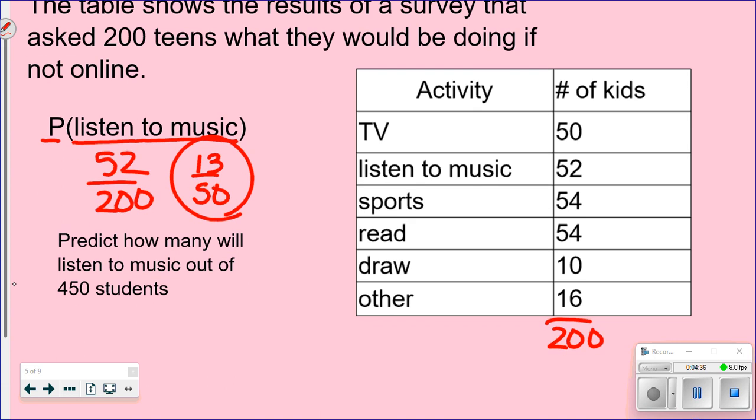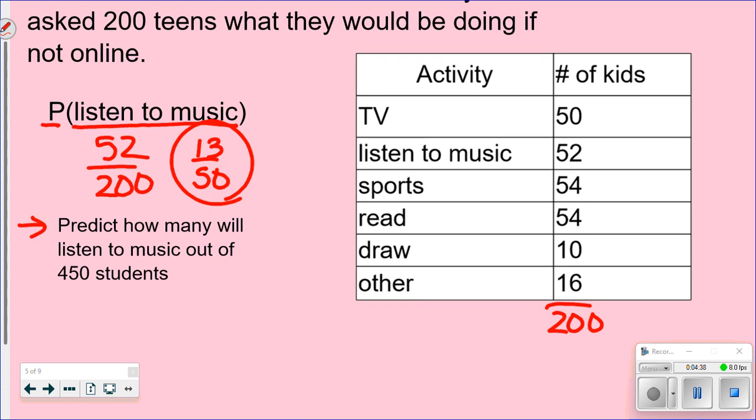Then sometimes you're going to be asked a follow-up question based on what you got beforehand. It says, predict how many will listen to music out of 450 students. Now I need you to think back to the days of setting up proportions, and you can use a proportion to solve this problem. If you know 13 kids listen to music out of 50, and there's 450 total kids now, by setting up a proportion, you can figure out about how many kids will listen to music out of 450.